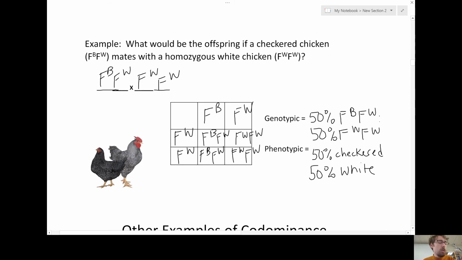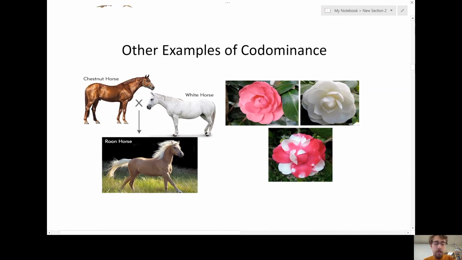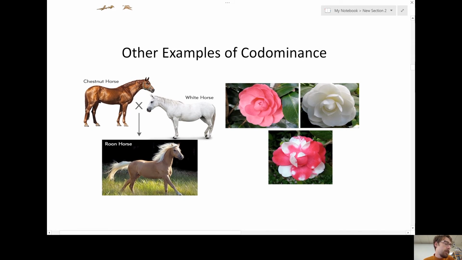So this isn't the only example of codominance. Got a few others. So horses, if you cross a chestnut horse and a white horse, you end up with a roan-colored horse. Some flowers, cross a pink flower and a white flower, you end up with a flower that has mixed petals.